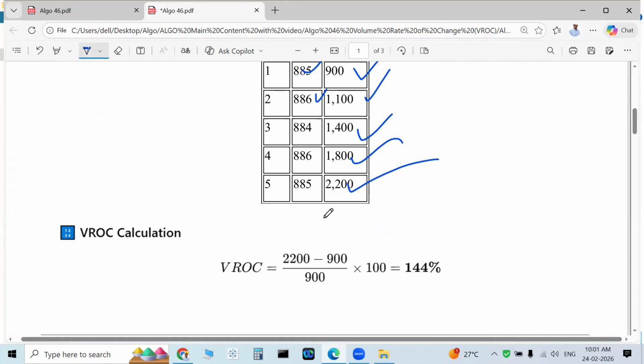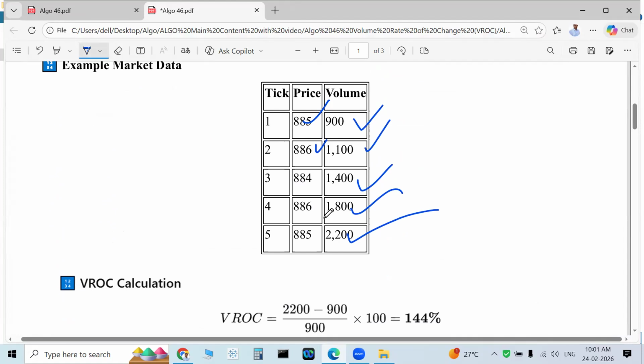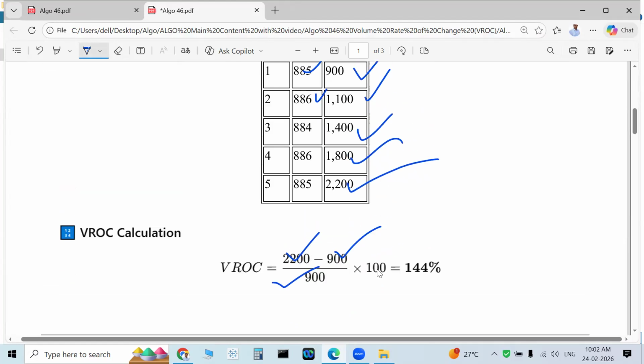Now first, for the VROC, we are going to subtract the lowest volume from the highest volume. The highest volume is 2200, and the lowest volume is 900, and we divide by the lowest volume and multiply by 100, so we get 144.